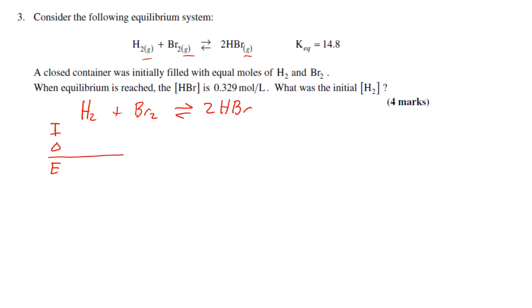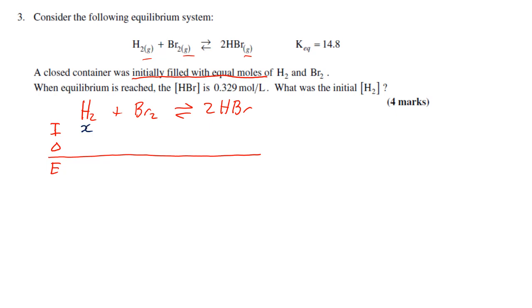It says a closed container was initially filled with equal moles of H2 and Br2. It doesn't even tell me what they are. It just says initially filled with equal moles. They're the same, but I don't know what they are. So I'm going to write X in blue.